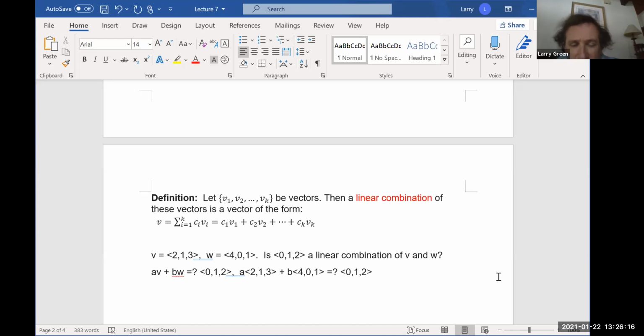Any questions on this idea? So does there exist an A and a B such that you get equality, or do you end up not getting an answer? Is that clear? What can I do from here?